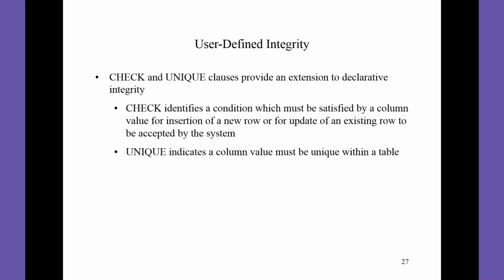Now, unique sounds a lot like the primary key. The primary key imposes uniqueness. So why would we have another constraint for unique? Consider, for example, that you're an employee in a company. When you get hired by the company, they assign you a badge number or some internal identification number. That is a unique identifier and will likely become the primary key for the employee table.